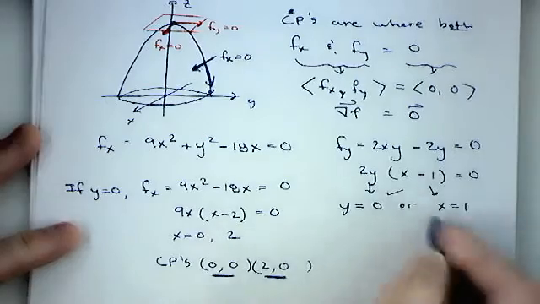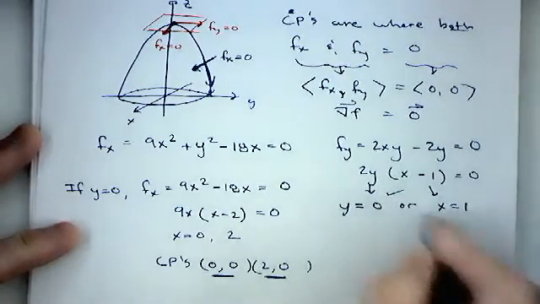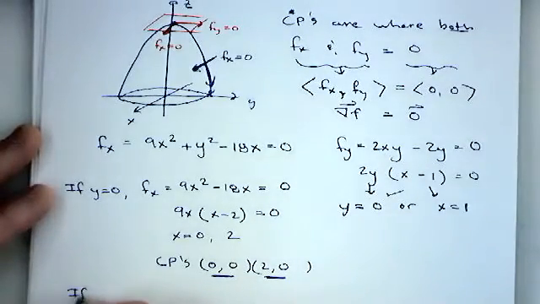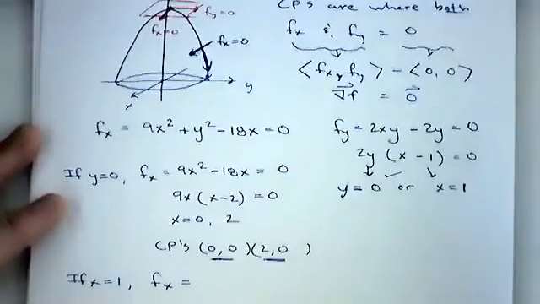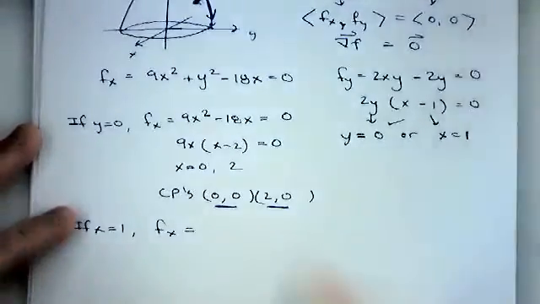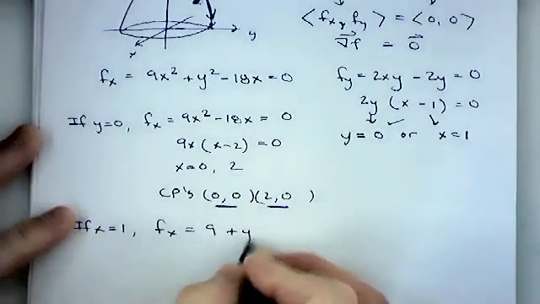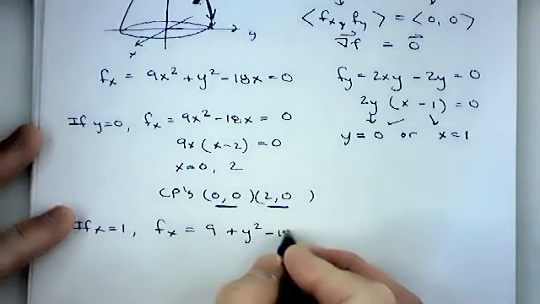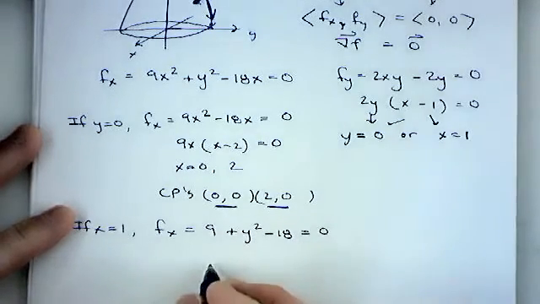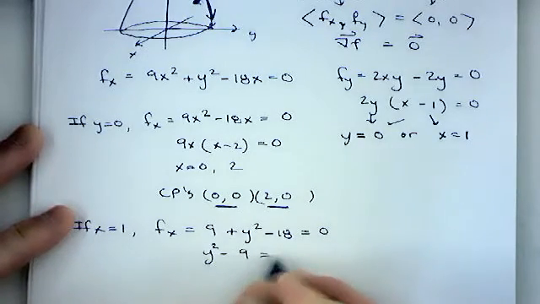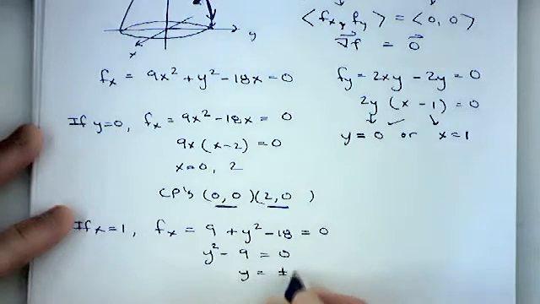But there's another situation where we could potentially get more critical points, and that's by letting x be 1. So let's try that. If x is 1, f sub x would be 9 plus y squared minus 18, which is y squared minus 9, which is going to give me plus or minus 3 as an answer.